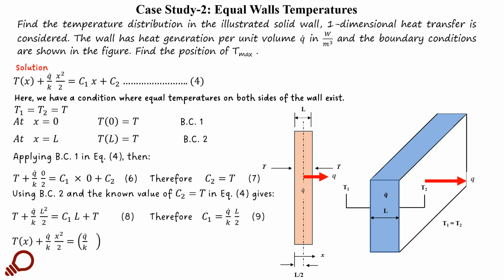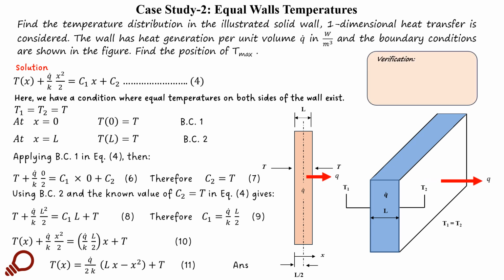So if we rearrange and substitute the values of C1 and C2 in equation 4, we will get the final form T of x equal to Q dot divided by 2K times Lx minus x squared, plus T. This is the general form of the equation.